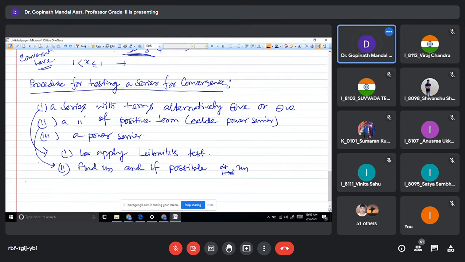If limit n tending to infinity un is not equal to 0, the series is divergent.